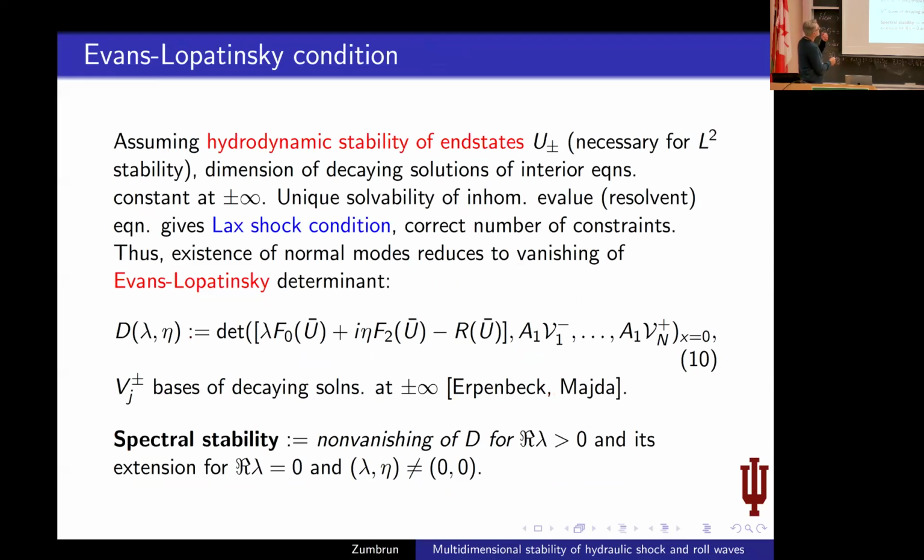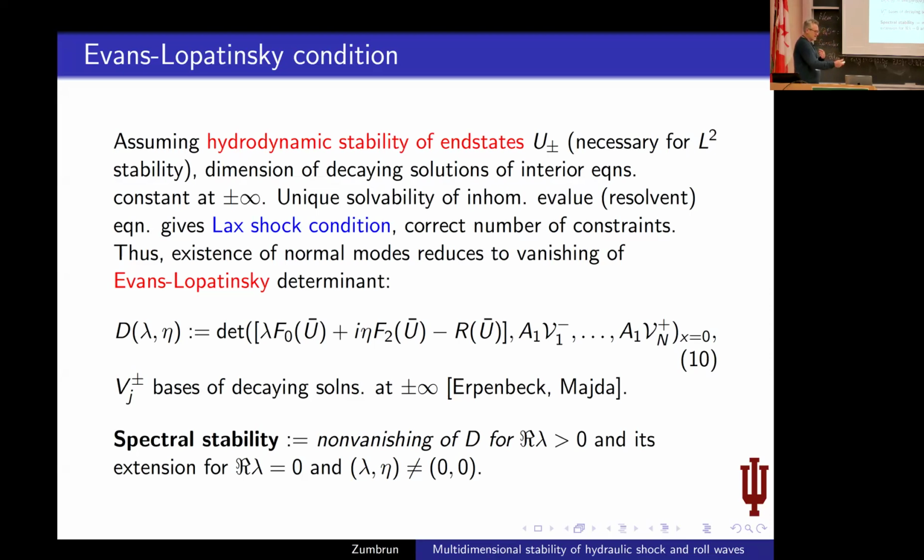Okay, so now, if we assume hydrodynamic stability of the end states, which would be necessary for L2 or H2 stability, the basic stability, not convective, then it turns out it's pretty easy to see that the dimensions of the manifolds of decaying solutions at plus infinity and minus infinity are independent of lambda in this region, real part of lambda positive.